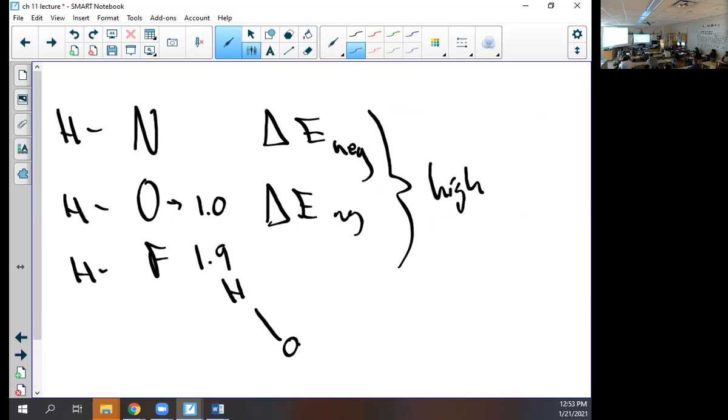That is enough to pull the electron far enough so that the hydrogen really is kind of just an exposed nucleus. That's supposed to be a negative sign, sorry, it's because I wrote it upside down. So when we have these three things, it's enough to pull and create a dipole strong enough that now hydrogen can form what's called hydrogen bonding.